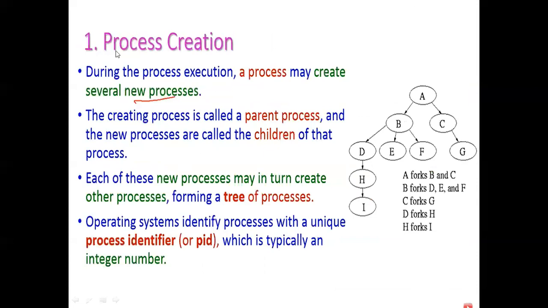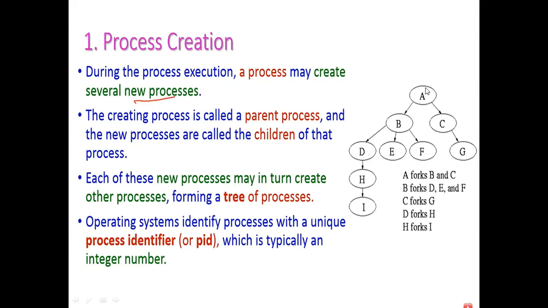So we'll see what is meant by process creation. During the process execution, a process may create several new processes. When you start executing the process, it may create several new other processes. For example, you can see the picture.